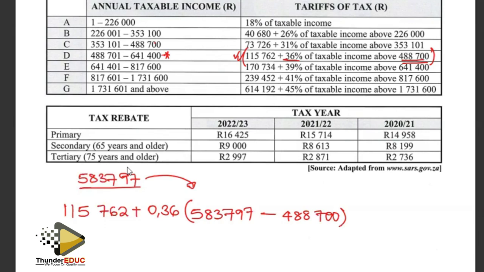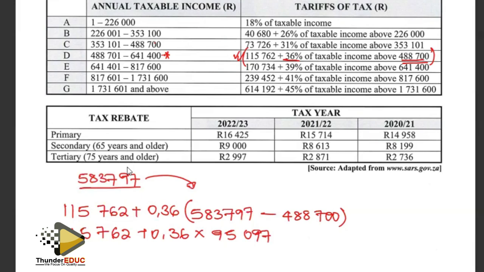So we go on and you say, actually at this moment you can put it into your calculator. Times, what answer do you get when you subtract these two in the brackets? You get 95,097 rands.